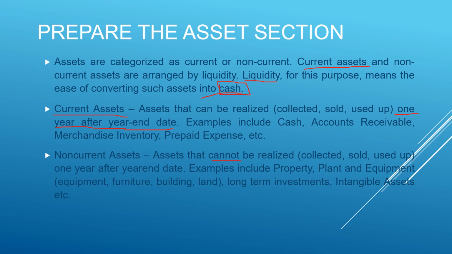Examples include property, plant, and equipment: equipment, furniture, building, land, etc. Long-term investments, intangible assets, and etc. Okay?